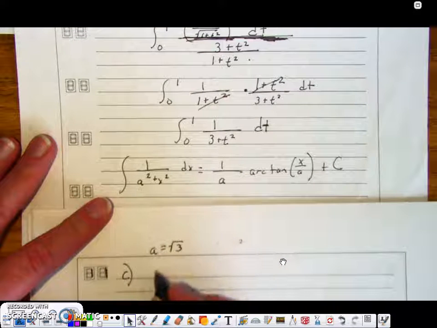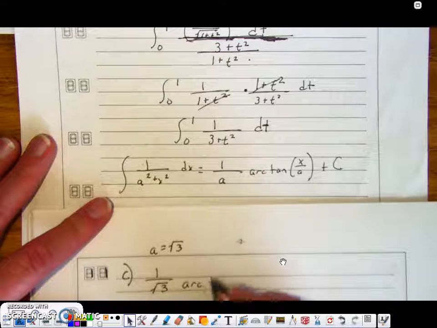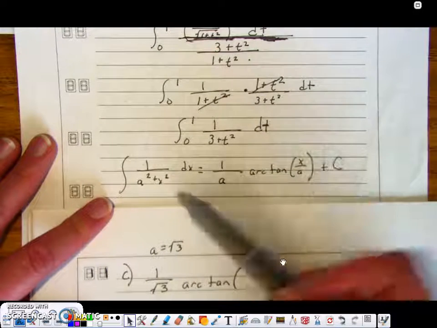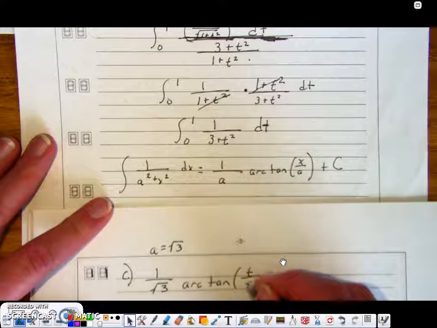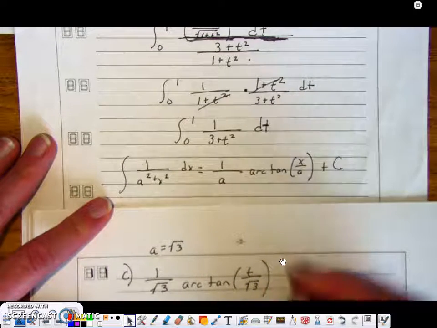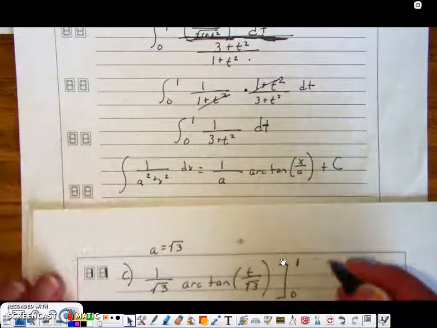Okay, so when I integrate this, I would have 1 over the square root of 3 arctan. What I have in place of x is just t, so t over the square root of 3. And I don't need the plus c, I just need to evaluate it from 0 to 1.